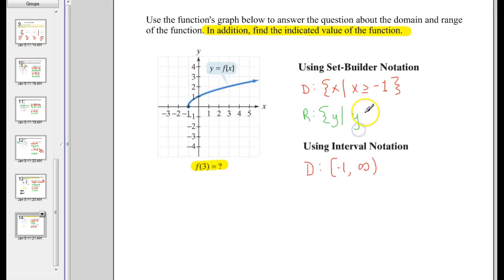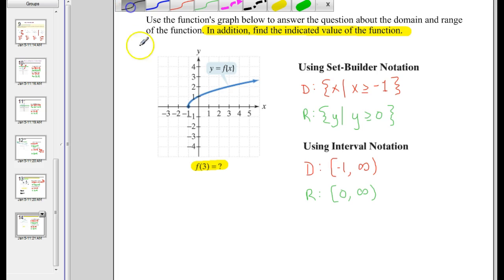So y is greater than or equal to 0. Alright, interval notation for range. The smallest y coordinate is 0, so that's the lower number, so that goes first. And the upper number is infinity, because I can always go higher, because the graph's always going to keep going.